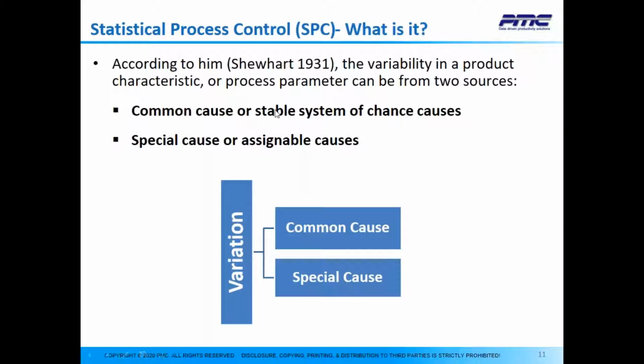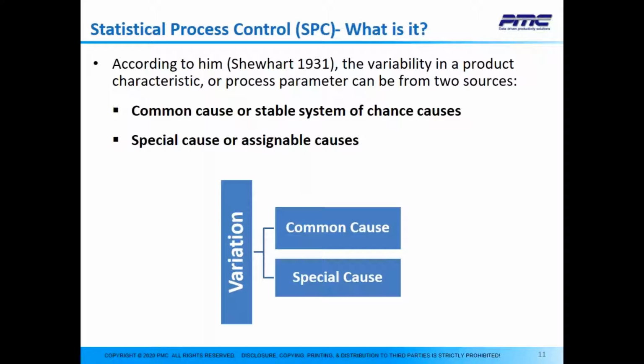From a common cause or stable system of chances, meaning the aggregate of small unavoidable variability arising from natural differences in material, manpower, machinery, instruments, and the environment that should be expected.